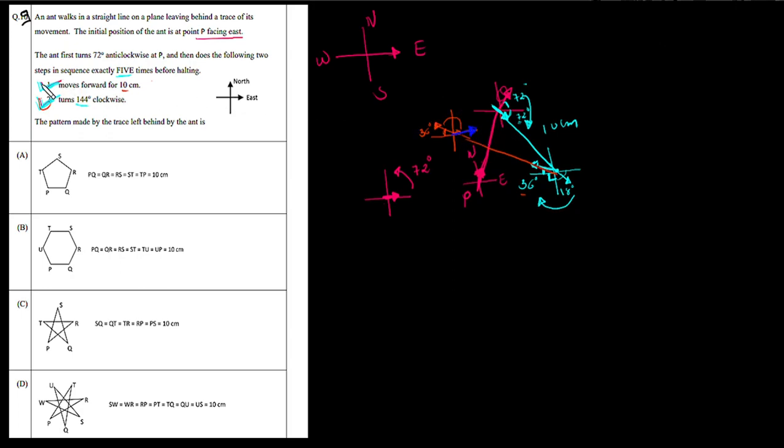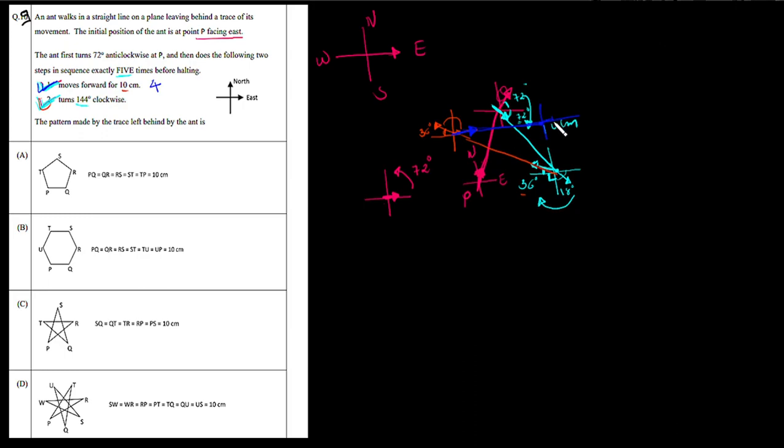Now again it has to do this, because we are doing this 4 times. Again the ant has to move 10 centimeters forward, so my ant will reach here. If you draw the coordinate axis at this point also, the ant has to take the turn of 144.